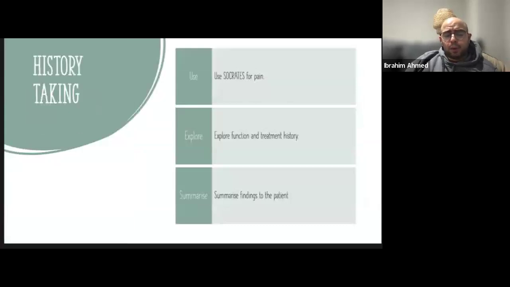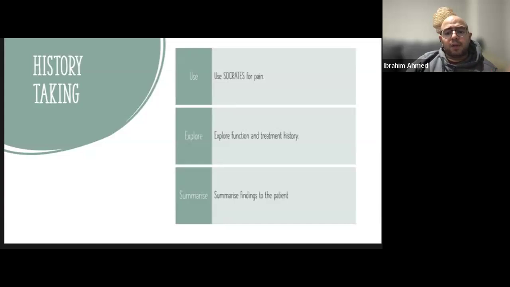History taking. You're not examined on history as a medical student. You're examined as a day one orthopedic surgeon. So start by introducing yourself, build a rapport with your patient, but you still need to show you are systematic. So use a SOCRATES framework to explore the pain and function limitation.